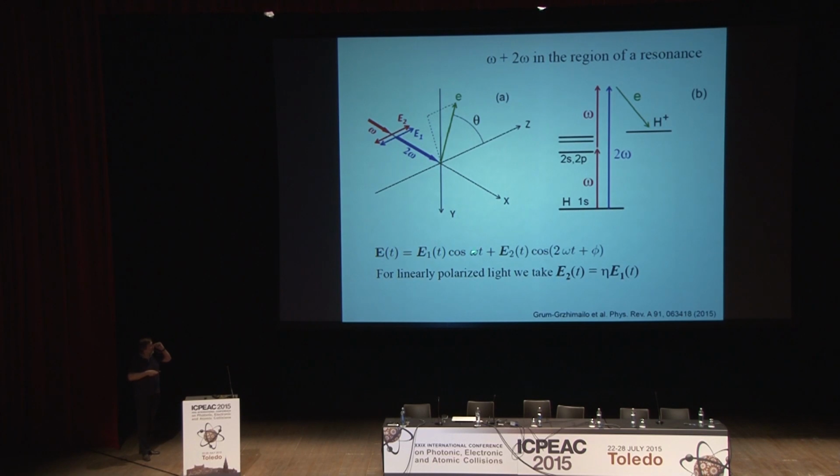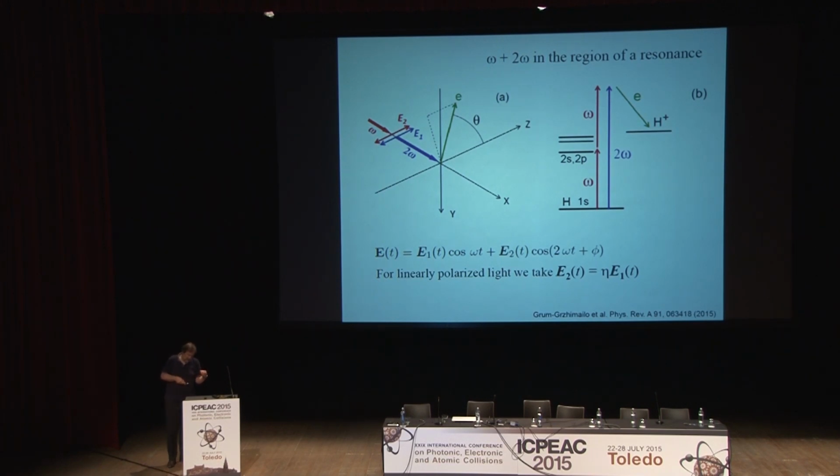First harmonic, second harmonic, and relative phase. The individual phases are not important here when the envelope contains many optical cycles. This is the case which we consider. We have linearly polarized light, and we just take some factor here, which we control and can change in theory.